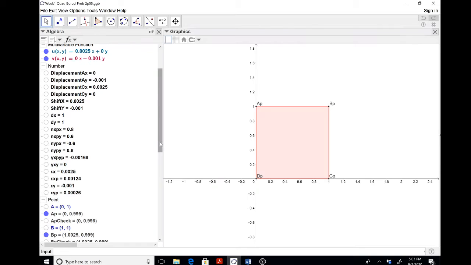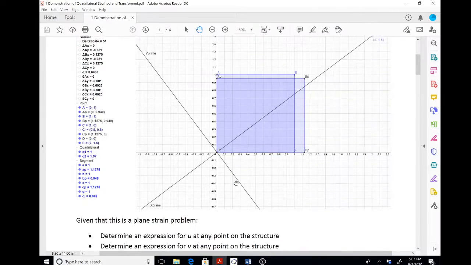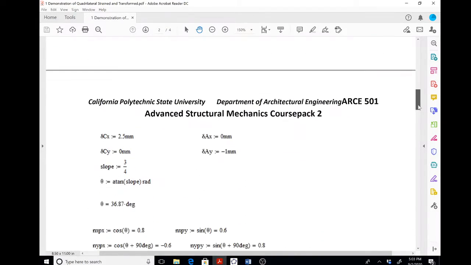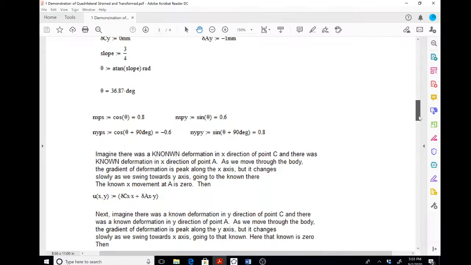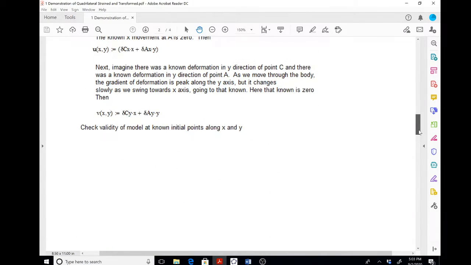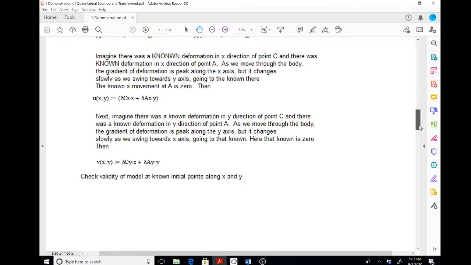Okay, nothing magic there. The next thing is slightly tricky here. So what I did was I programmed this equation, which is a linear variation as we swing from one axis to the other axis. So we're going to start at one point and go to the other point.